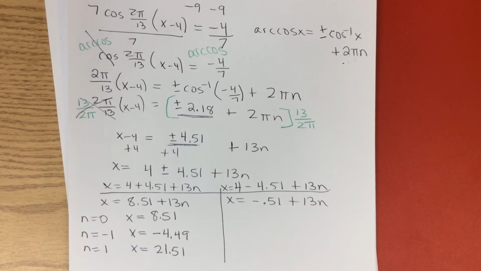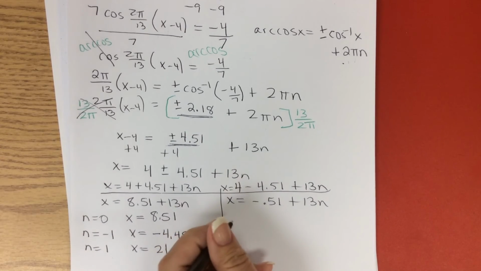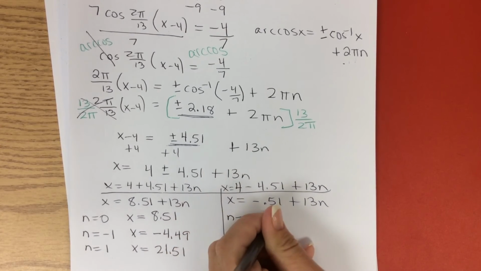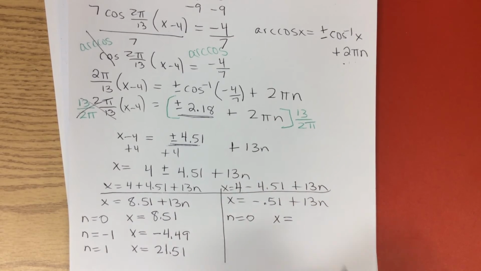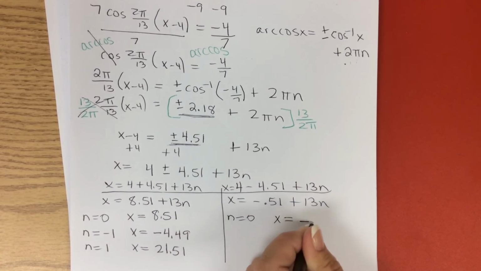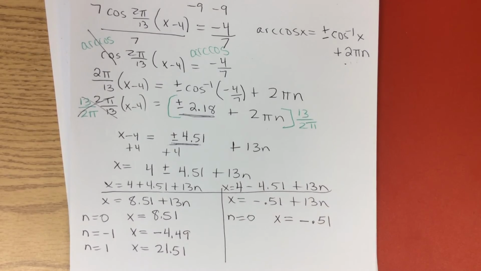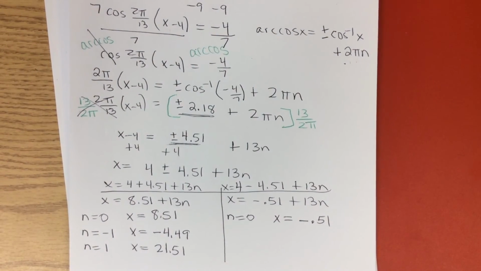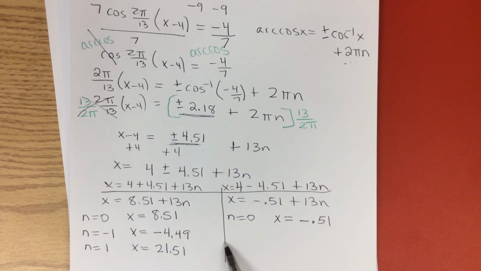Can you see why it benefits you to be really neat and clear? Okay? So, when n is 0, x equals what? Negative 0.51. Remember, we found that solution graphically, negative 0.5. There it is. Do we need to go down?